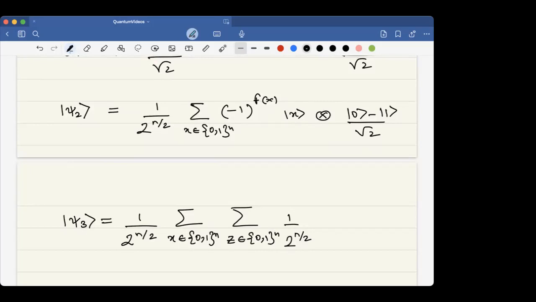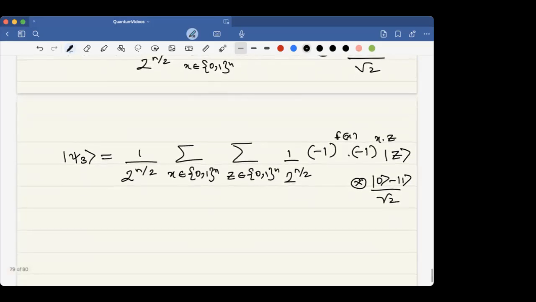And then I'll get (minus 1) to the f of x, and then (minus 1) to the x dot z. And then we'll get z, and then finally tensor (0 minus 1) over square root of 2.